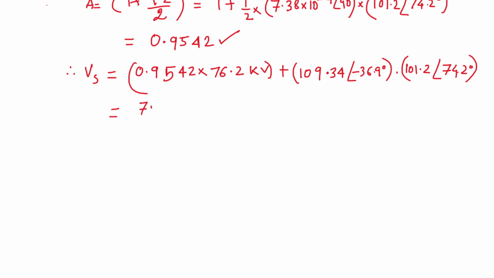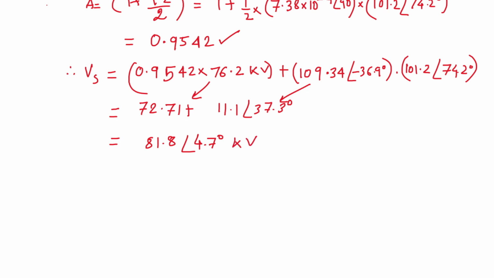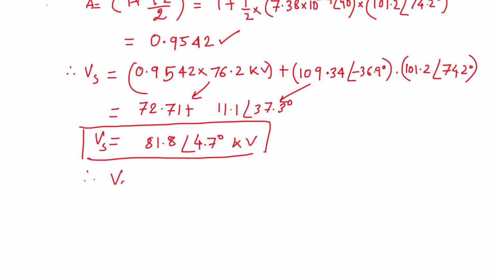72.71 plus this term, which comes out to be 11.1 at an angle 37.3 degree. If you solve this expression, ultimately it comes to 81.8 angle 4.7 degree kV. So this is your VS phase. Now what is VS line voltage?